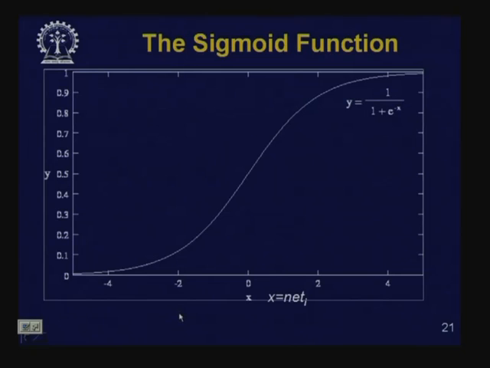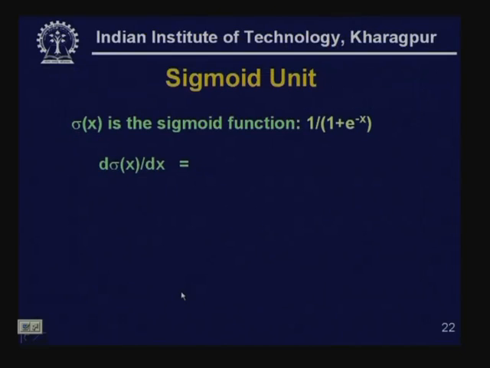So, this is a sigmoidal function again, y equal to 1 by 1 plus e to the power minus x. The sigma x is the sigmoid function, and if we differentiate sigma x with respect to x, we get, you can do the differentiation, it is an algebraic manipulation, and you will get that d dx of sigma x is nothing but sigma x into 1 minus sigma x, which is actually quite nice.